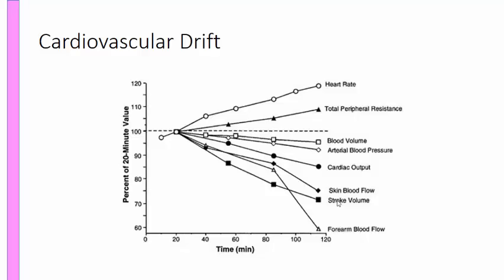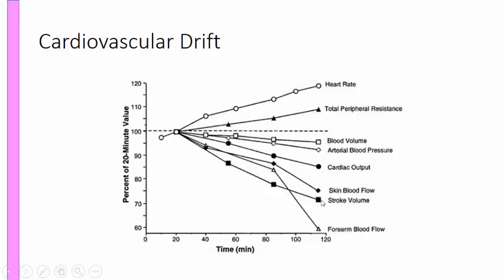So with cardiovascular drift, our heart rate is increasing over time and our stroke volume is decreasing over time. And that's to help maintain our cardiac output. You can see here that our cardiac output is decreasing over time, but not to the same extent that stroke volume is decreasing.